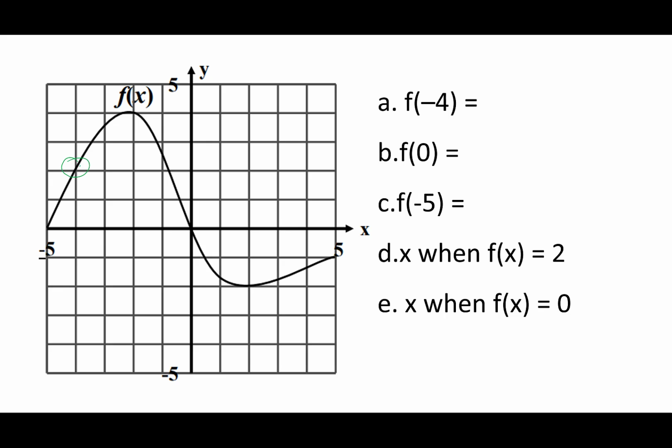So when x is negative 4 on this graph, my y is a positive 2. Okay, what about when x is 0? Well, x is 0 right there in the center, isn't it? What's y there? 0.